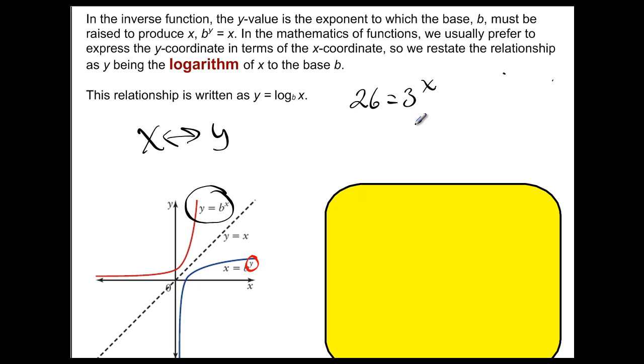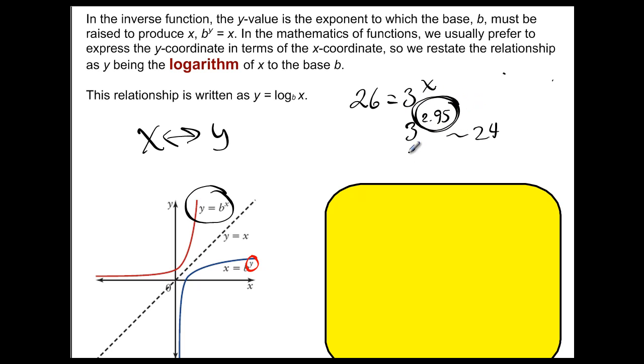I might have tried 3 to the power 2.9, which works out to a number really close to 27. Maybe 2.95, and I would trial and error it and get to about the approximate number.